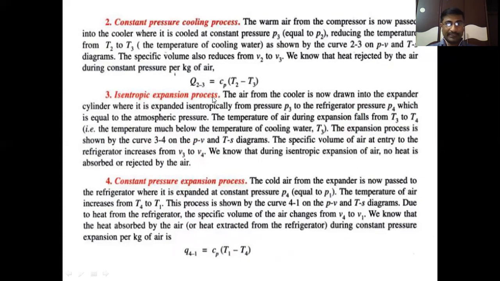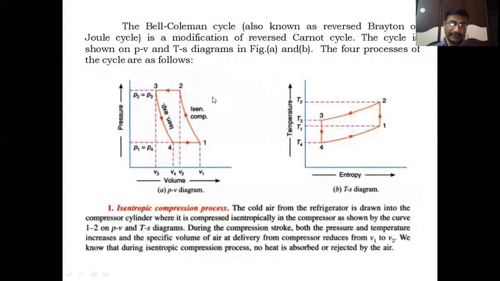Then the next process is the isentropic expansion process. During this process, the volume increases from V3 to V4 and the pressure decreases from P3 to P4. During this expansion process, the temperature also reduces from T3 to T4, shown by the 3-4 curve.